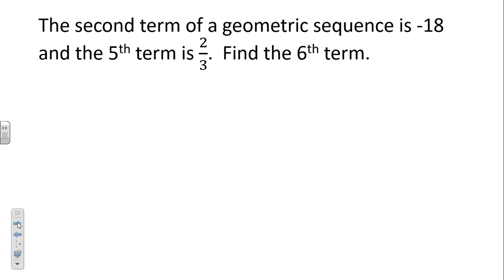All right, so now we have a second term given and a fifth term given. And we're to find the sixth term. So similar to what we did yesterday when we were dealing with the 12th term and the 8th term of an arithmetic sequence. Okay, so let's kind of just plot this out. We know the fifth term is 2/3.